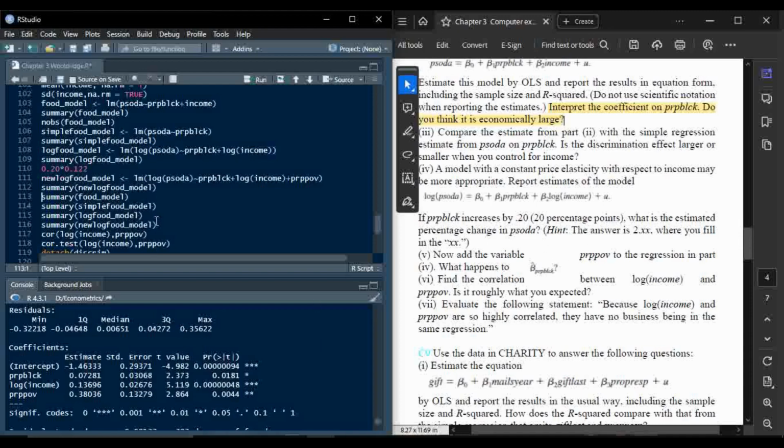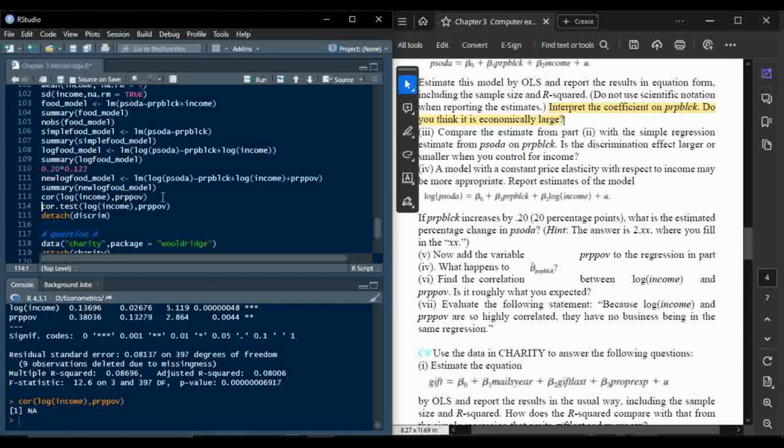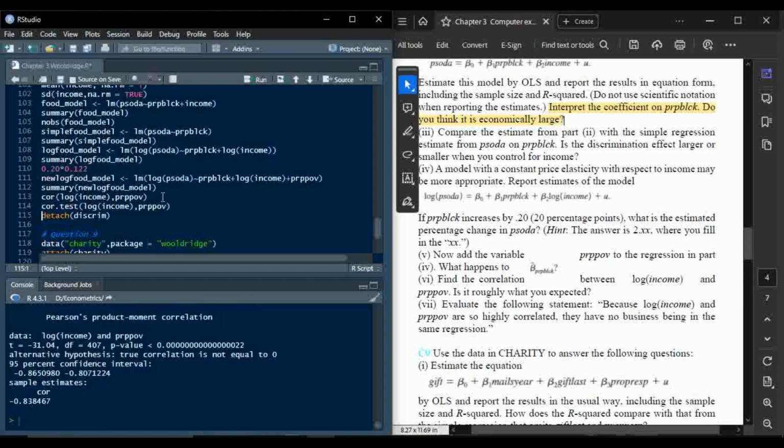Now it says to calculate the correlation between log income and PRP POV. Is it roughly what you expected? Let's see. Since the two data columns contain some NA values, the simple cor function will not give you the correlation value. We will have to use a different function named cor.test and include these two variable names in the brackets and press Ctrl plus Enter.